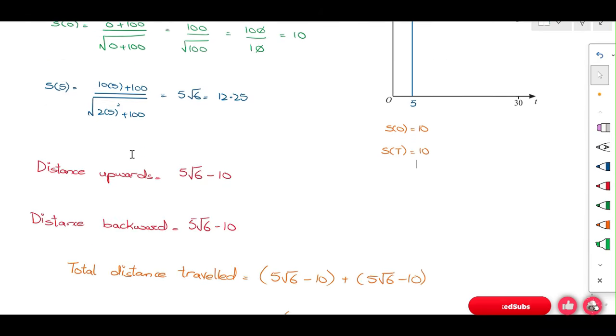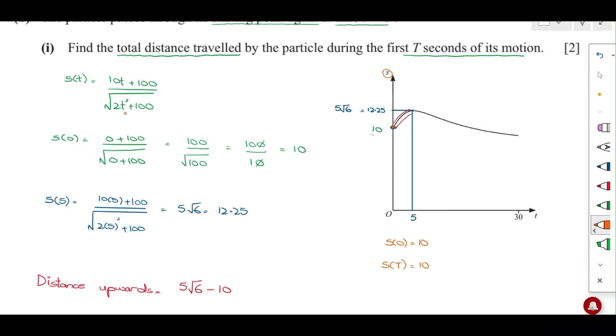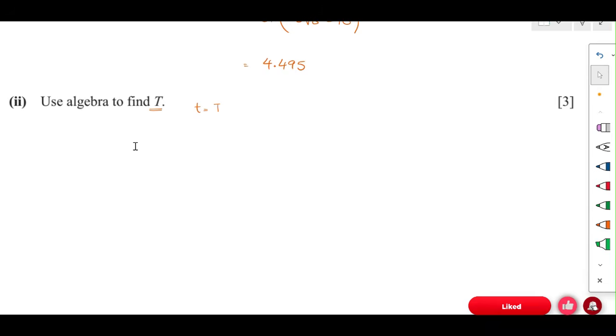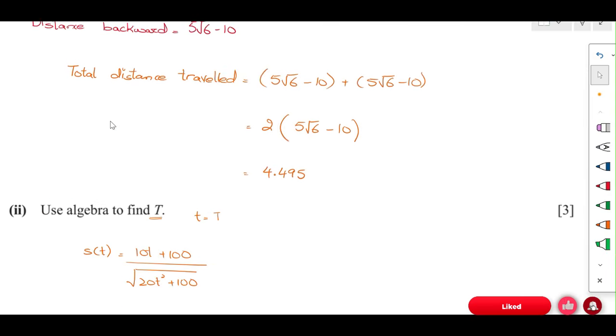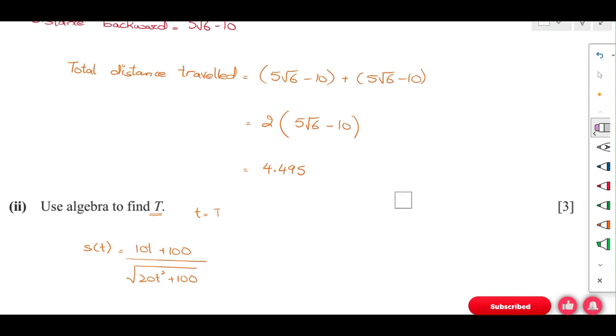So use this information and solve. This is the equation for the displacement. Let me write this down. Displacement at time t is 10t plus 100 divided by the square root of 2t square plus 100. It's 2t square, right?